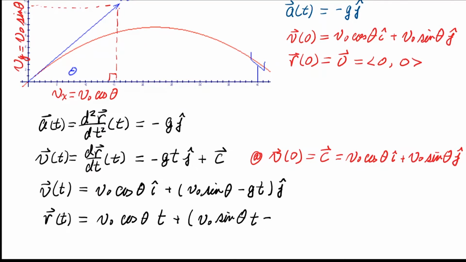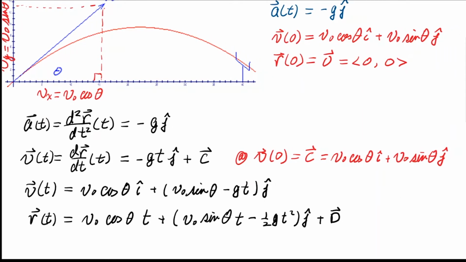Then minus, and this thing becomes g t squared, therefore one half. And then we need another constant. Should we call it d? C2, C1, whatever, anything but C. Let's call it D. Now we'll apply the initial condition again to find that. You have done this before in chapter 6, not in vector functions.